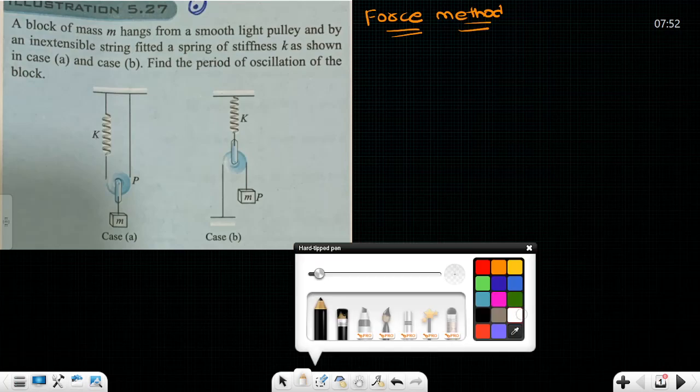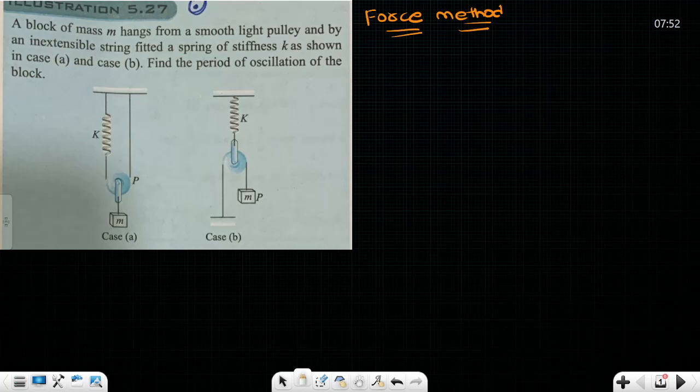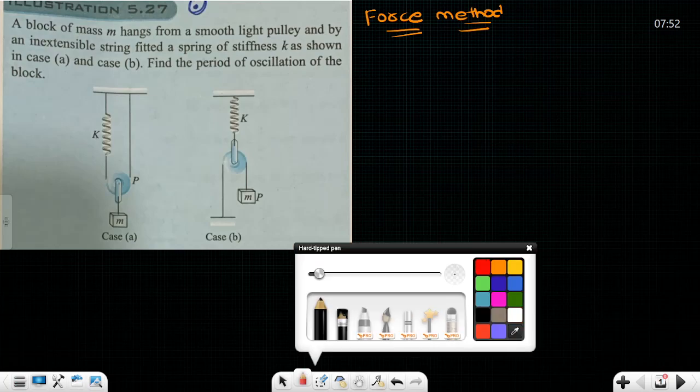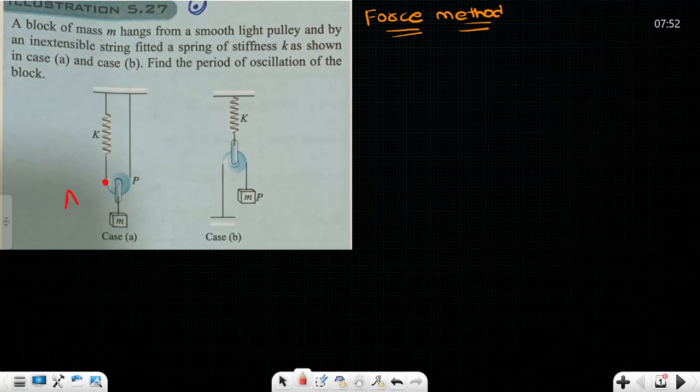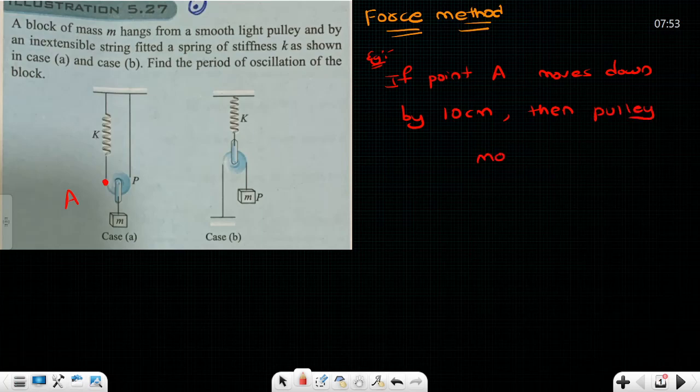For that, we need to know, wait a second. See, call this point as point A. Sir, this is only an example: if point A moves down by 10 centimeters, then the pulley moves down only by 5 centimeters.